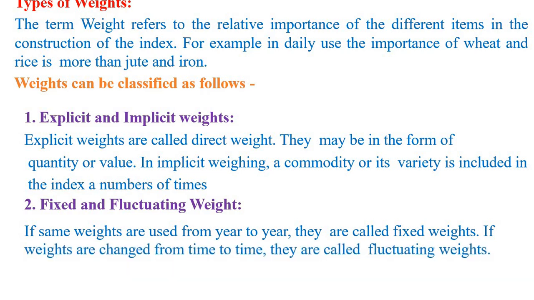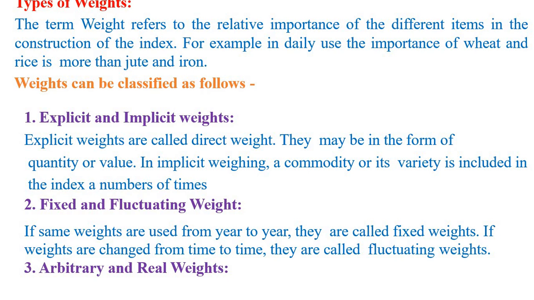Fluctuating means changing from time to time, and is called fluctuating weight. So what we are studying now: explicit, implicit, fixed, fluctuating. Explicit means direct, implicit means commodity. Same weight used every year is called fixed. Changing from time to time is called fluctuating weight.